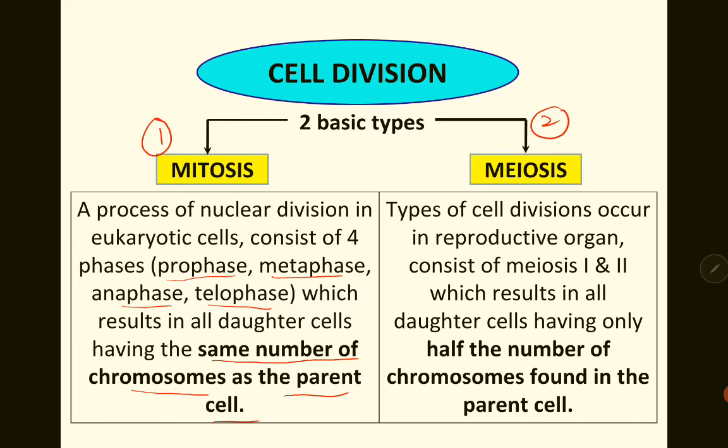Meiosis is the type of cell division that occurs in reproductive organs, which includes meiosis 1 and meiosis 2, and results in all the daughter cells having only half the number of chromosomes found in the parent cell.